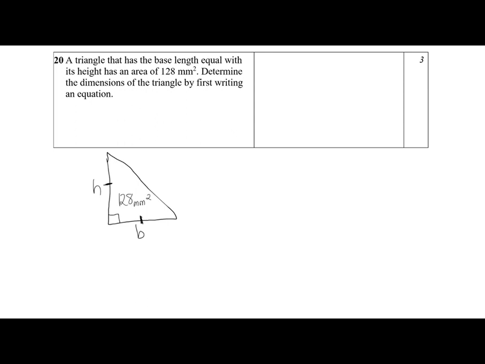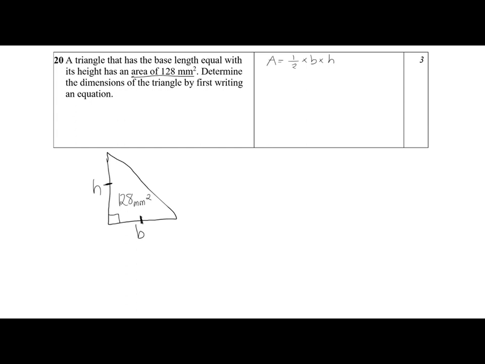So we need to determine the dimensions of the triangle by first writing an equation. Well, we're given the area, so the equation that we're going to use is going to involve the area of a triangle. What's the area of a triangle? Well, the area of a triangle is a half times the base times by the height.